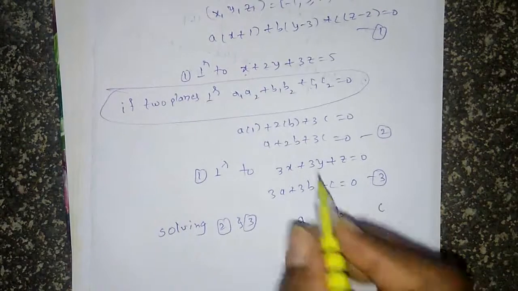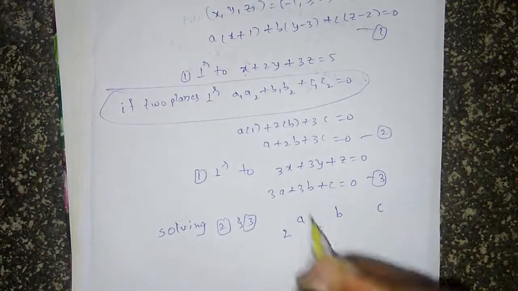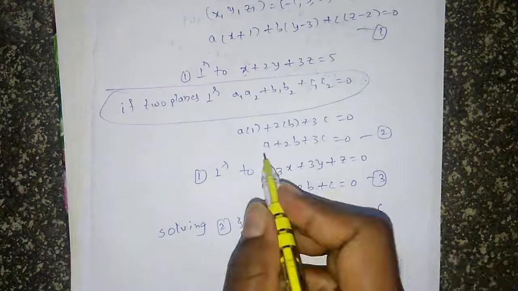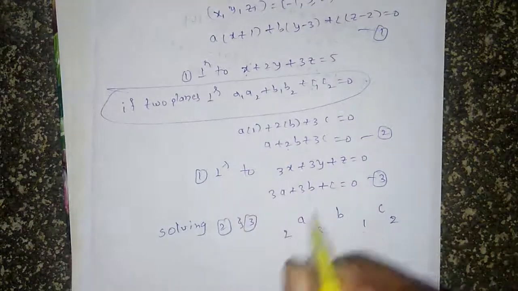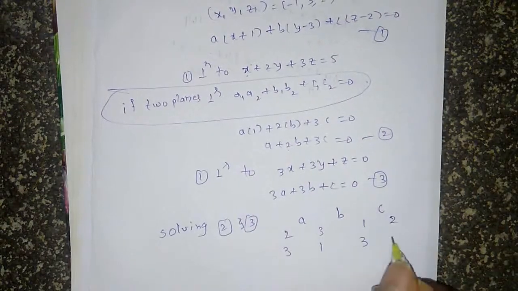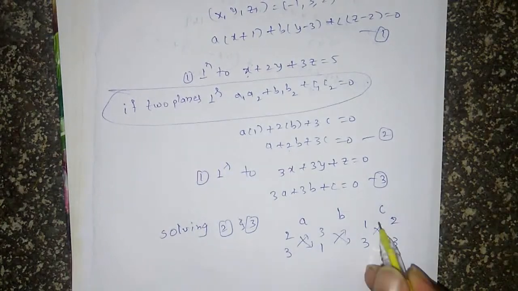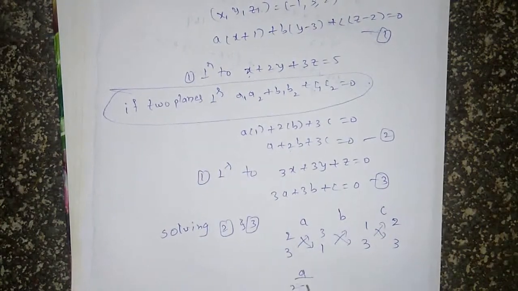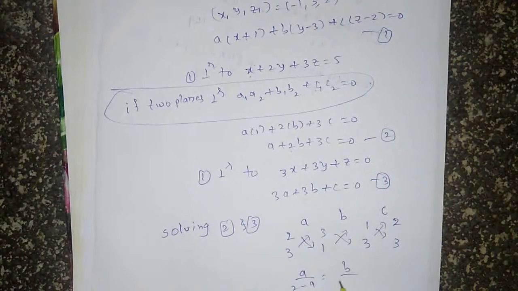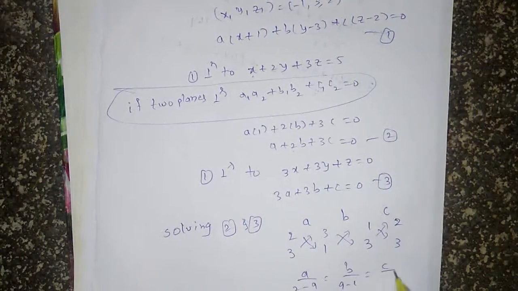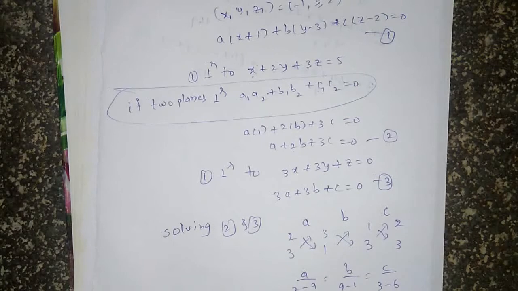Circular method I am using. A, B, C. This is 2, 3, 1, 2. This is 3, 1, 3, 3. Cross multiplication. A by 2 minus 9, B by 9 minus 1, C by 3 minus 6.